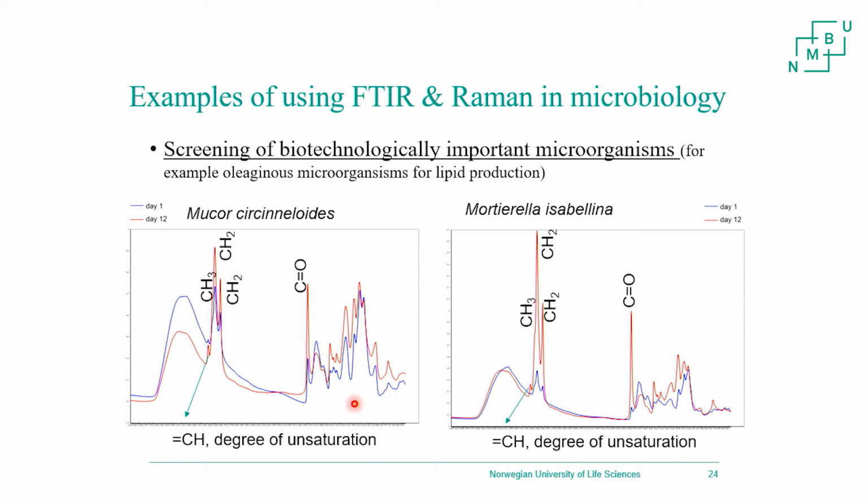Since we are looking at the lipids, I would like us to focus on the ester peak and the CH2 and CH3 stretching peaks. After 1 day of growth, we see quite a significant ester peak for Mucor circinelloides, but it's still smaller than the polysaccharide peaks and smaller than the amide-1 and amide-2 peaks of proteins. We get a similar observation in Mortierella isabellina.